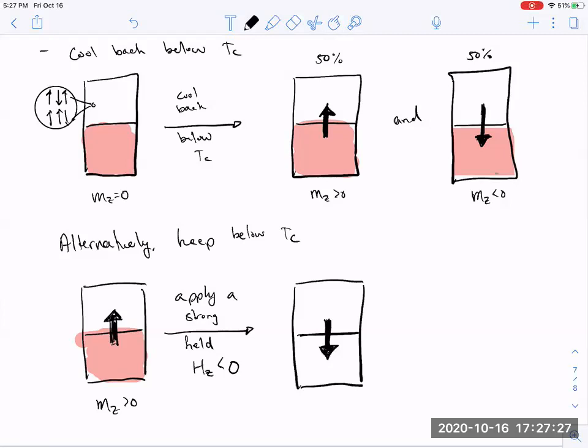It would be energetically favorable for the system to do so, but would require some energy to do that conversion. And if we went in to measure the magnetic moment, indeed, we'd find mz is finite and negative. However, if we turn the field off, then below Tc, we would see that that magnetic moment persists and stays pointing down.